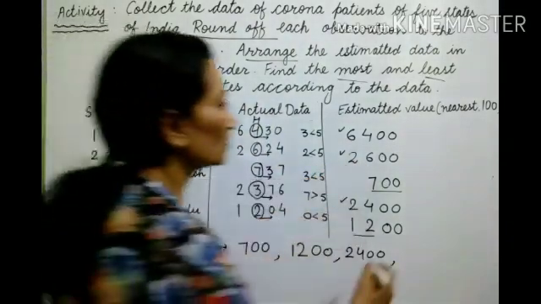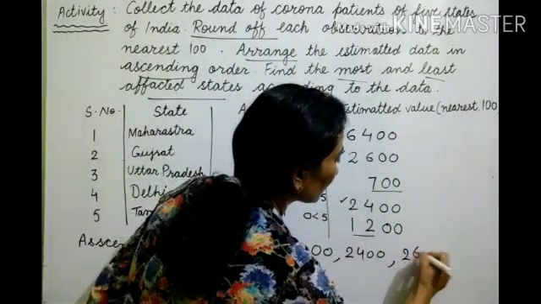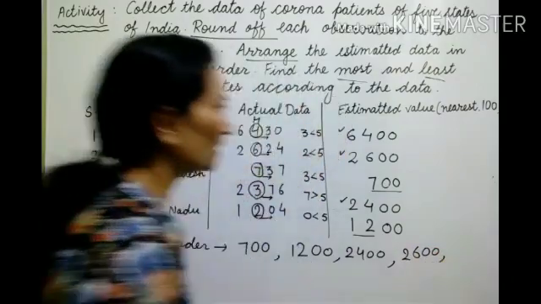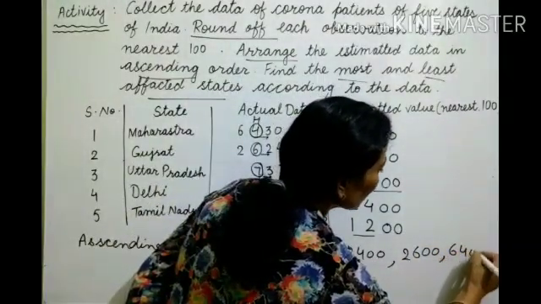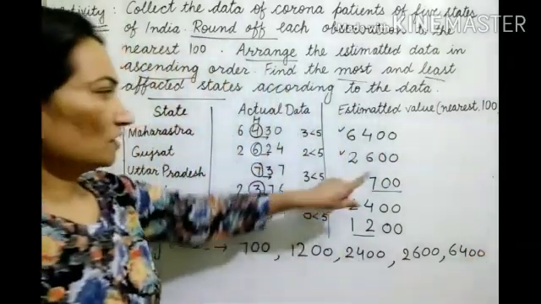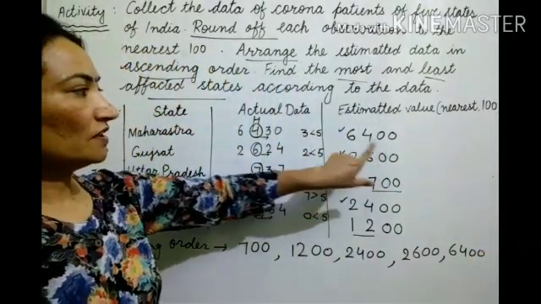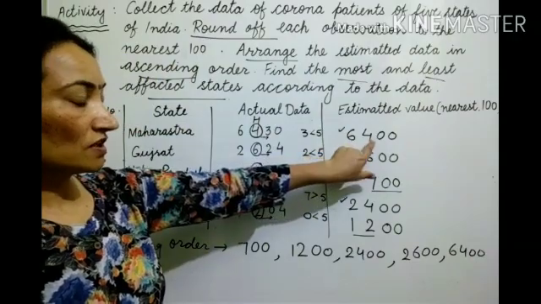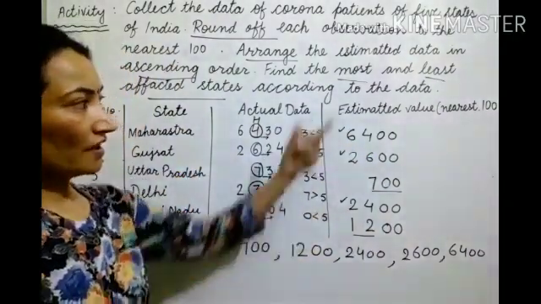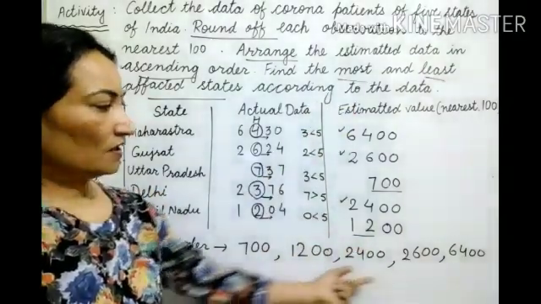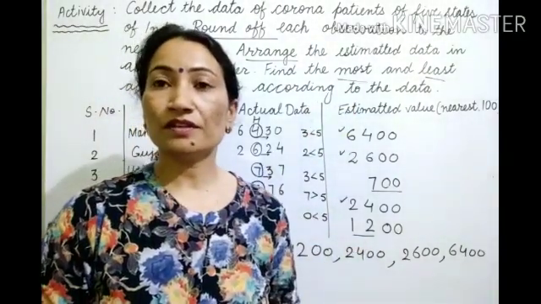Now 2,600, and in the last 6,400. So in this way we arrange the estimated values in ascending order.